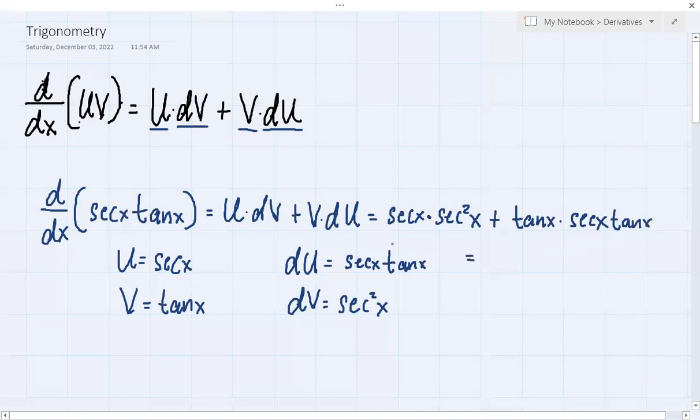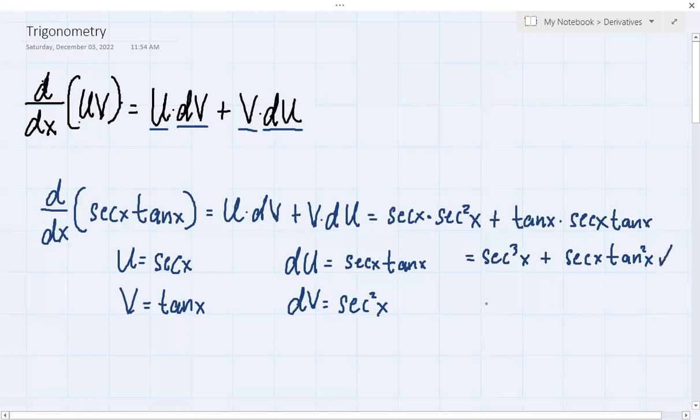So now, we can simplify. Secant x times secant squared x, that will be secant cubed of x, plus tangent x times secant x times tangent x, we will have secant x times the square of tangent x, or tangent squared of x. And that is our final answer.